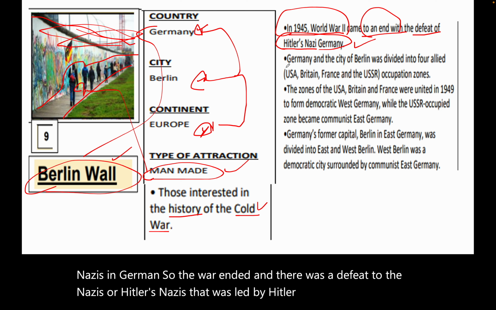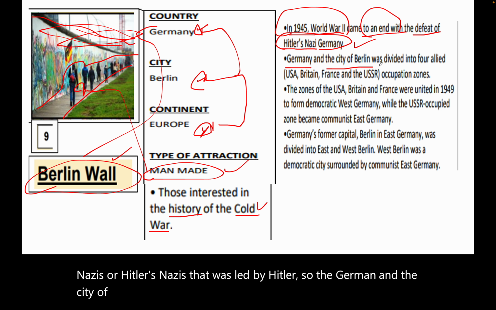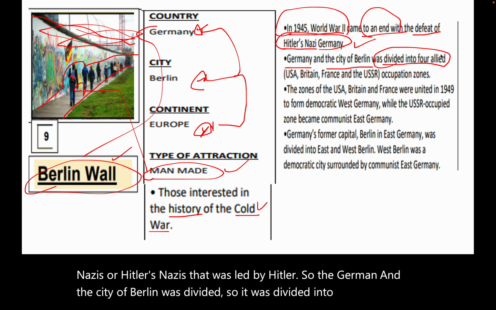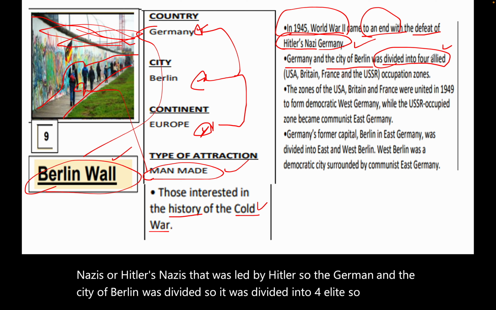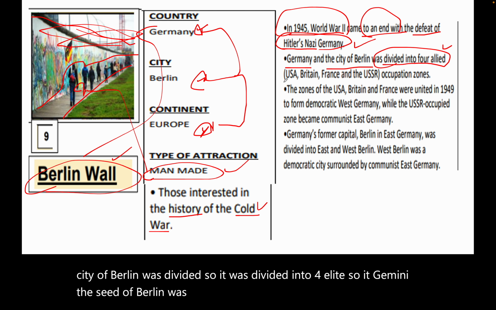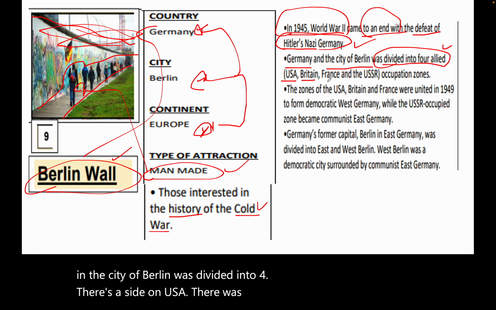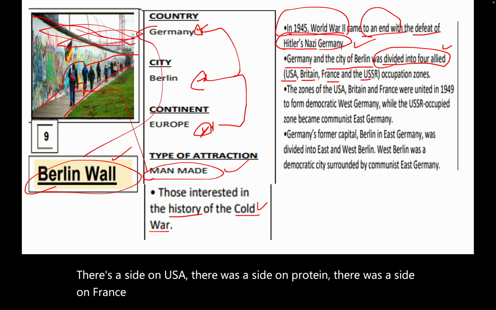So Germany and the city of Berlin were divided into four allied zones: a side for the USA, a side for Britain, a side for France, and a side for the USSR, which is Russia.